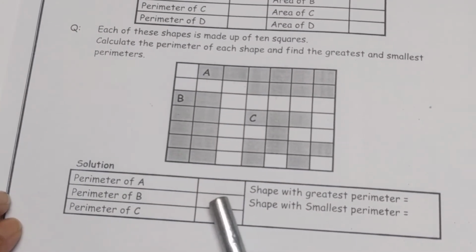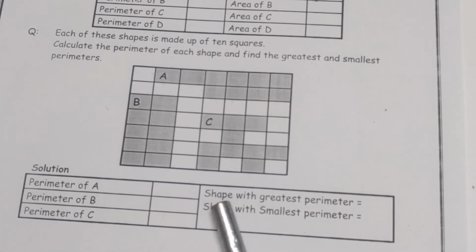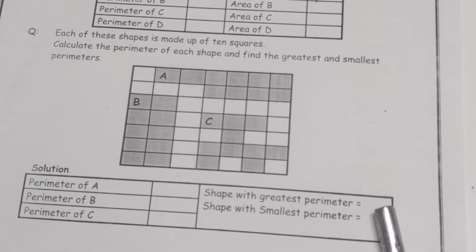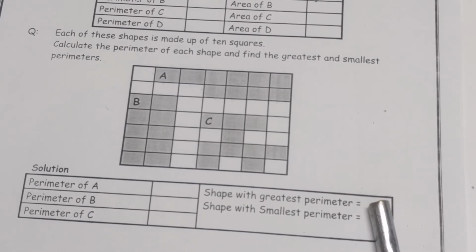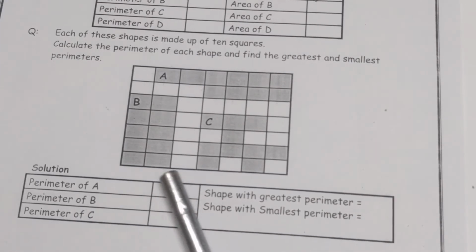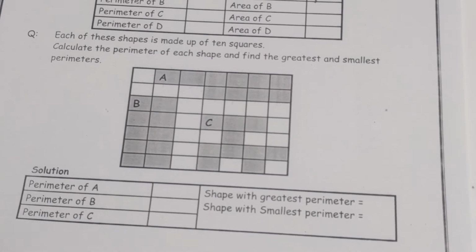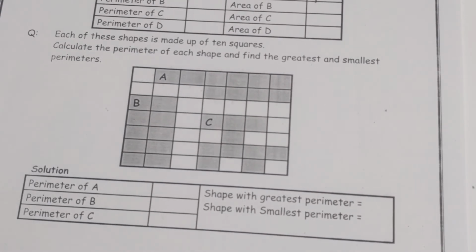But along with this, you will check the shape with the greatest perimeter. You will write the name of the shape having the greatest perimeter and the shape having the smallest perimeter. When you calculate the perimeters, you will check which one is the greatest and which one is the smallest. And this is a very easy question for you.